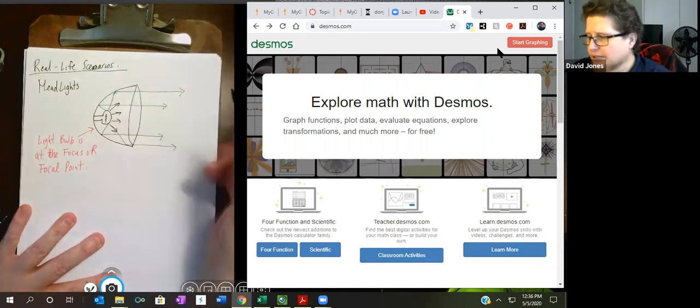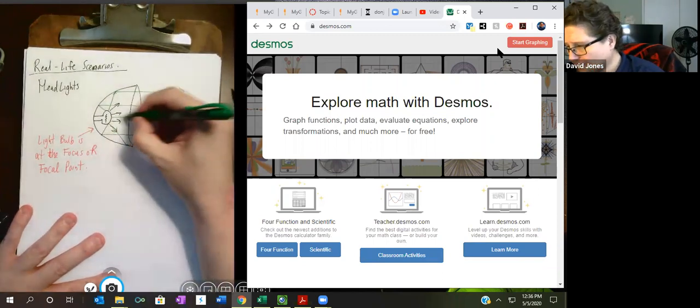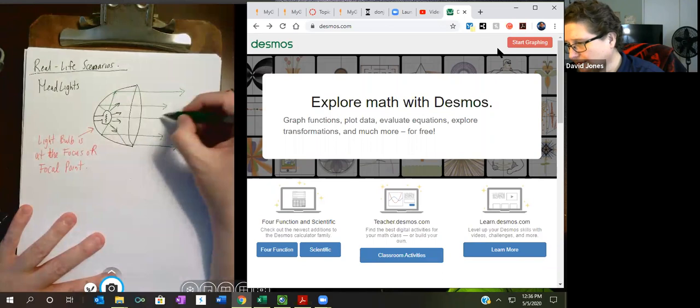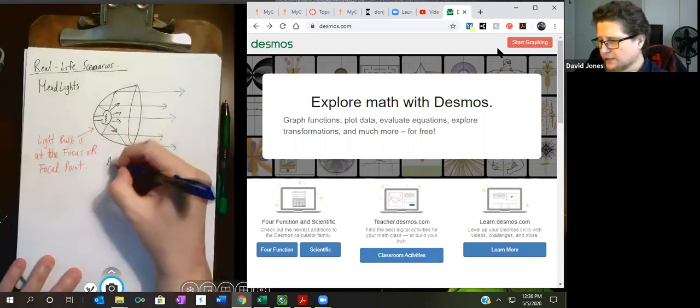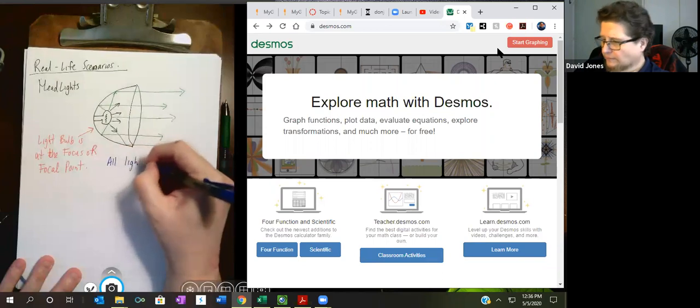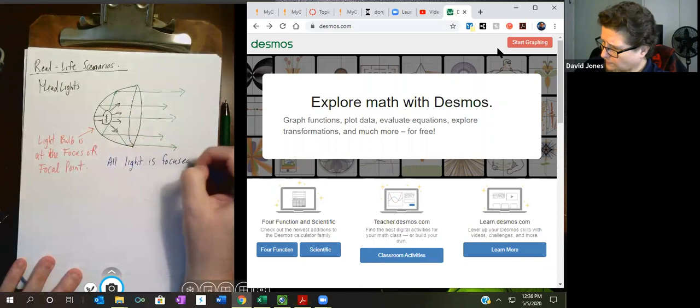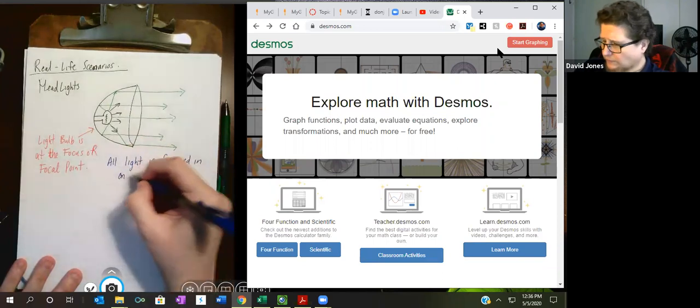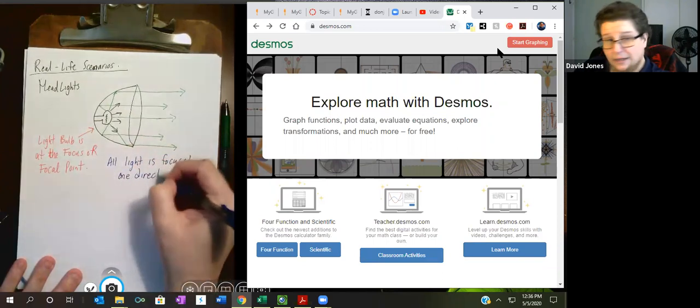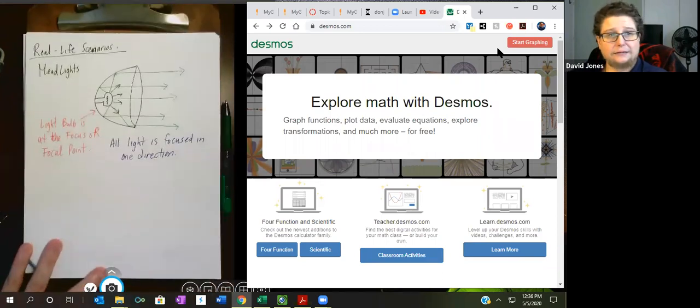So all light is focused forward. Then of course we have stuff coming straight down the middle. All light is focused in one direction. It's actually pretty neat, isn't it?